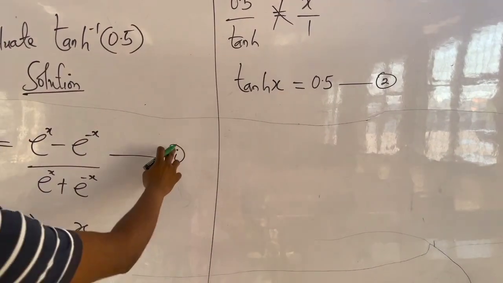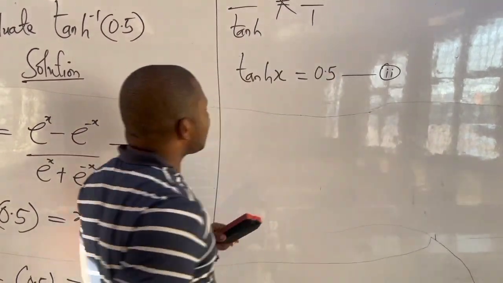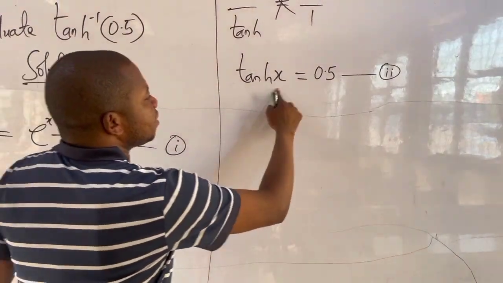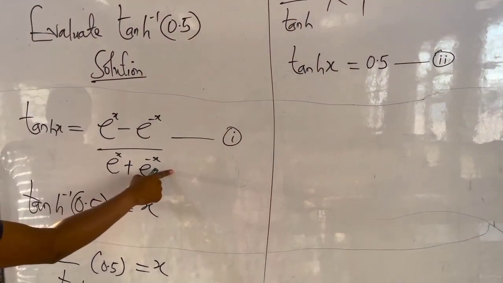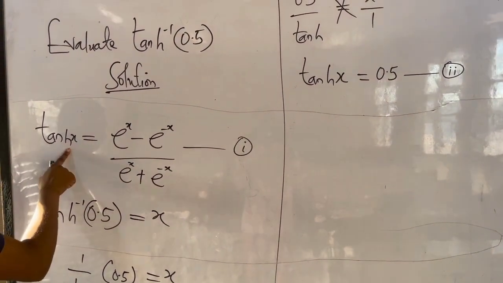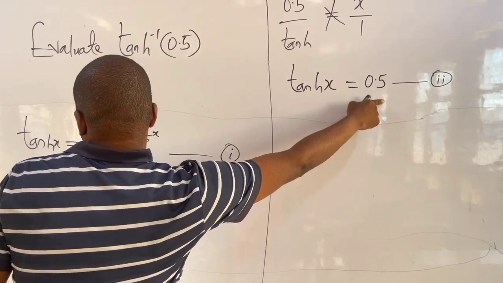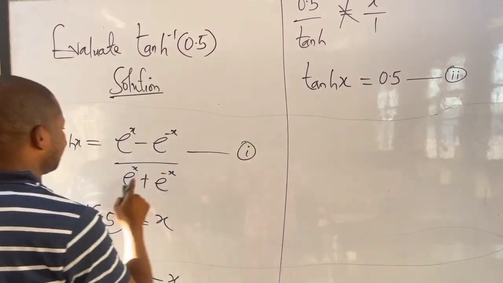This is my equation 1, equation 2, in Roman figures. Now this is equal to 0.5, and we already have this to give us this. That implies that this is equal to this. Of course, this and this are the same, meaning that 0.5 is equal to this.